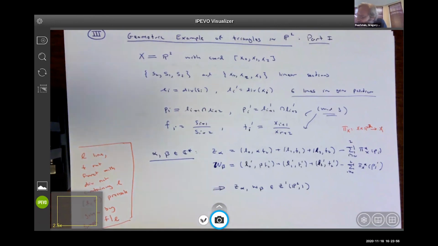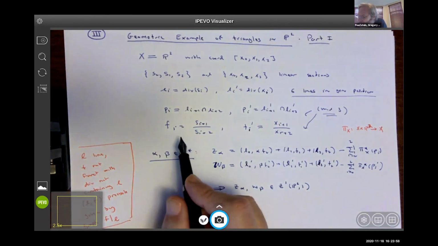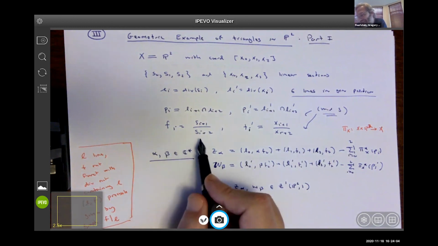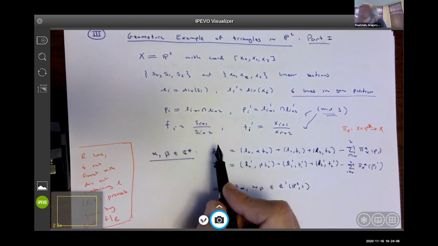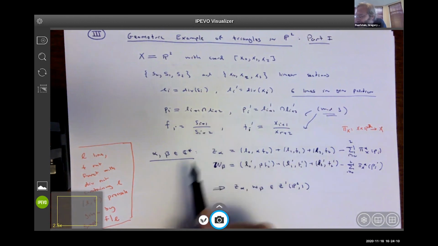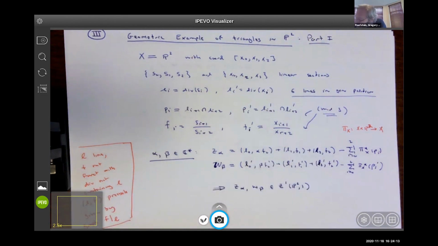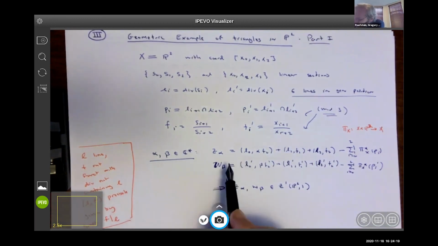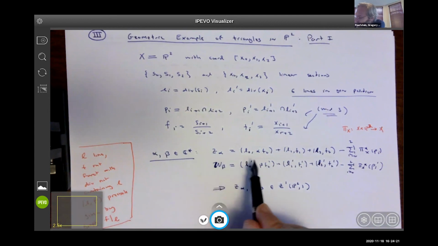I'm trying to construct a higher Chow cycle, so I need to give you some functions, and the obvious way is by taking the ratios of those linear sections. So for alpha, beta, and gamma in C star, I can cook up this higher Chow cycle.